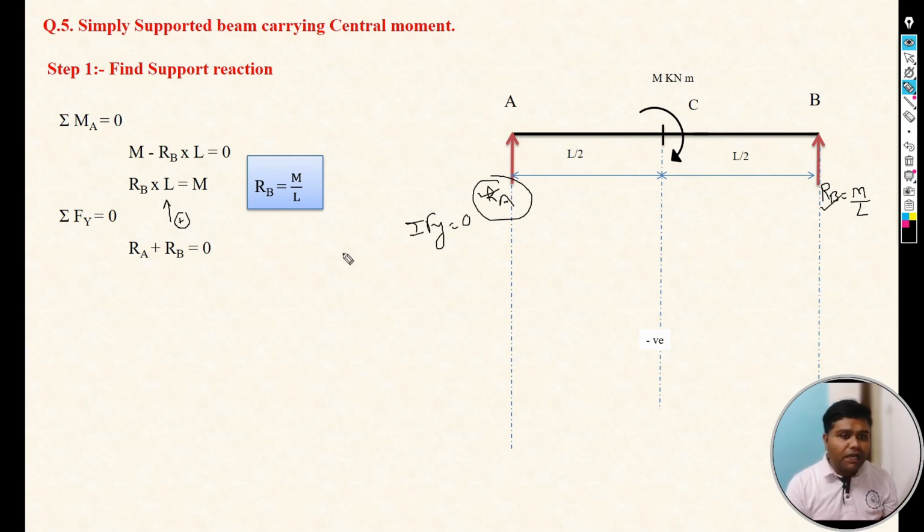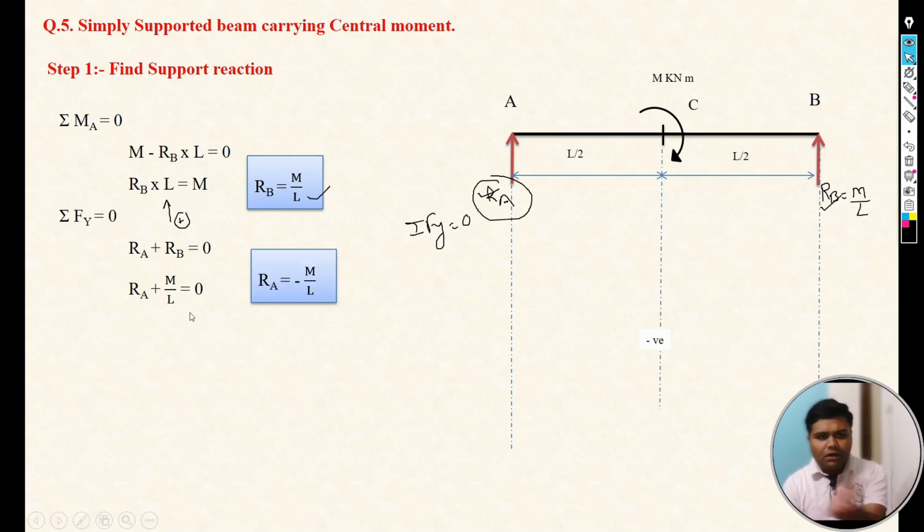But we have already calculated RB, which is M by L. So the equation will be RA plus M by L is equal to 0. Now we require RA, so just take M by L to the right side. So RA equals minus M by L.